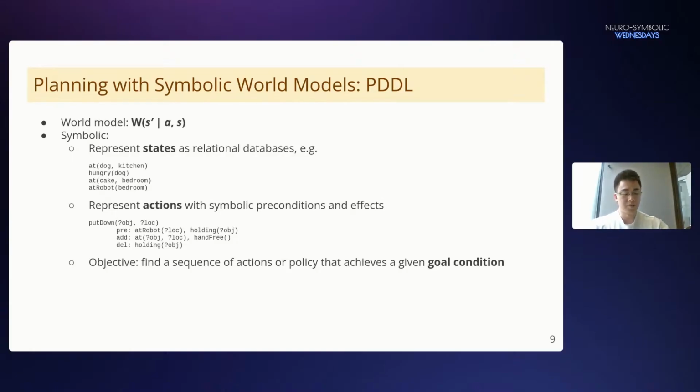Specifically, we're going to use what's known as PDDL, or the Planning Domain Definition Language. And what we do here is represent states as relational databases. So for example, here you have facts representing the dog is at the kitchen, the dog is hungry, the cake is in the bedroom, and your robot is in the bedroom. Key to these symbolic world models is the usage of actions, which are reusable and may have symbolic preconditions and effects.